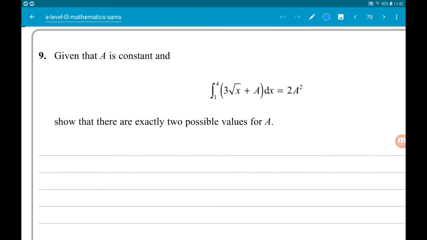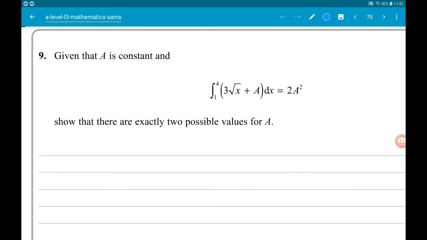Okay, number 9. Given that a is constant and the integral between 1 and 4 of 3 root x add a with respect to x is 2a squared, we want to show that there are exactly 2 possible values for a. Okay, so what we're going to need to do is carry out the integral, substitute the limits in, set that equal to 2a squared and solve.